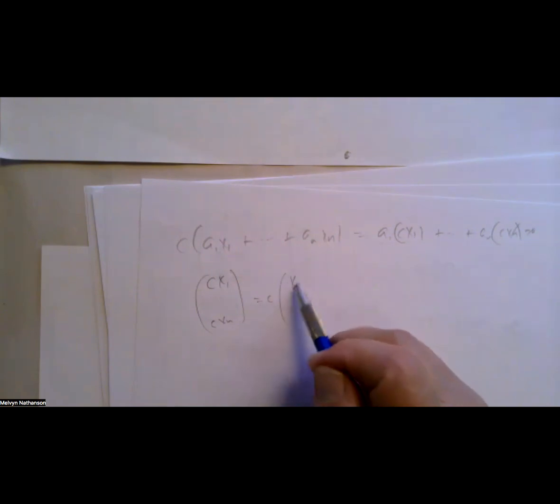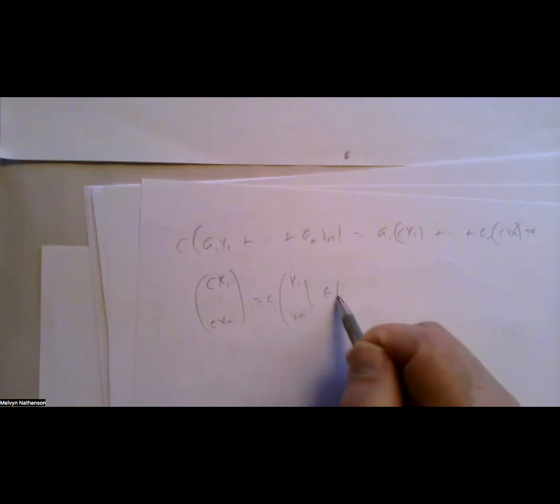This is c times the vector x1 down to xn. So if the vector x is a solution, any scalar multiple of it is. So this set W is non-empty, because the 0 vector is always a solution of the homogeneous equation, and it's closed under vector addition and scalar multiplication.